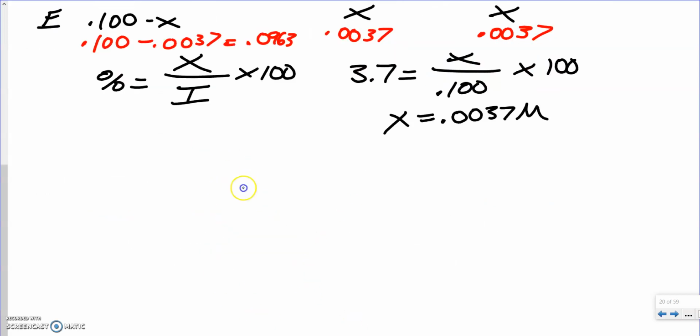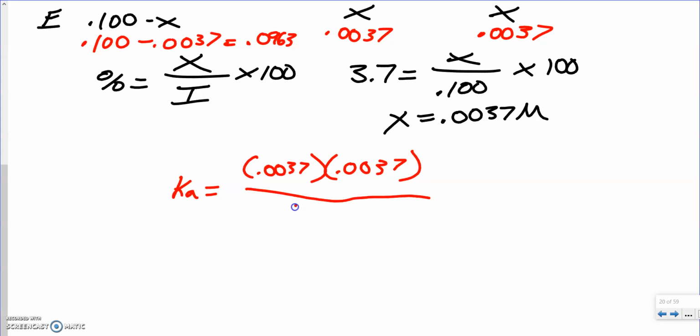So from here, we calculate our Ka value. Ka is going to be equal to 0.0037 times 0.0037, and yes, you can just write the square there if you want, over 0.0963. Let me calculate it real quickly.